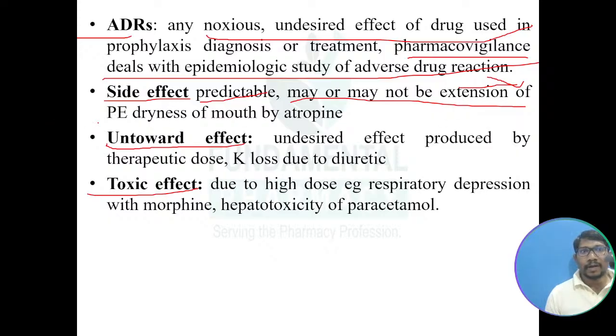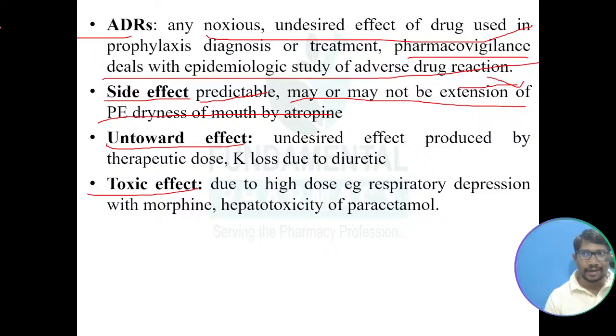Say, for example, dryness of mouth caused by atropine. You know that atropine is an anticholinergic drug, an anti-muscarinic drug. Obviously it will block all the secretions, so it will cause dryness of mouth. You can predict.